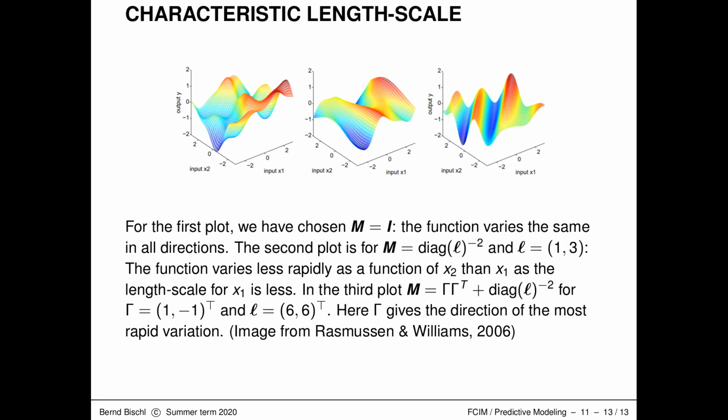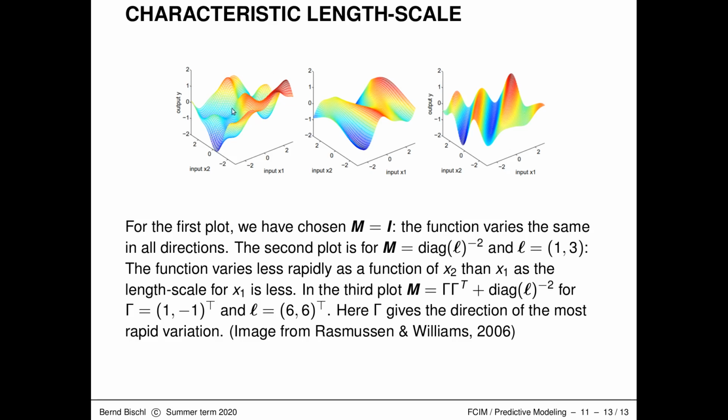Okay, now it's really time for a visualization of this complicated beast. So I've visualized here exactly these three cases from before. In this first case, we have our M matrix as the identity matrix with just one length scale parameter.